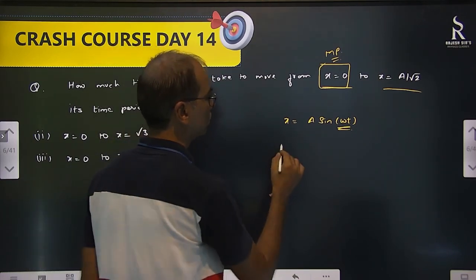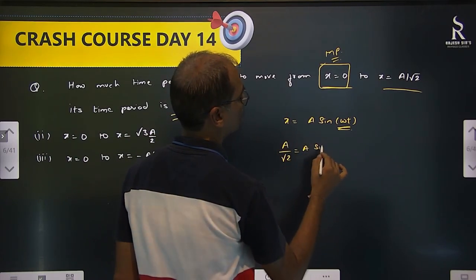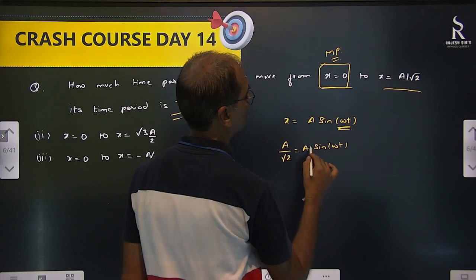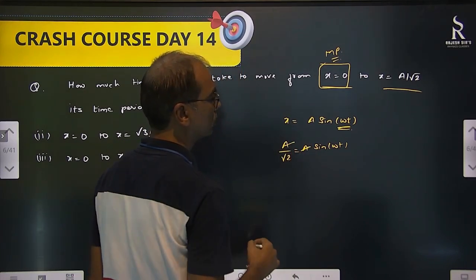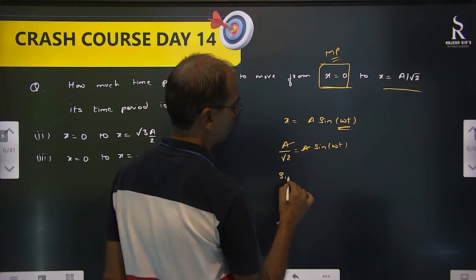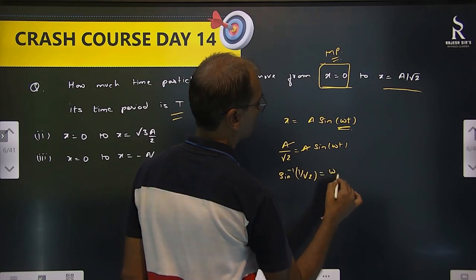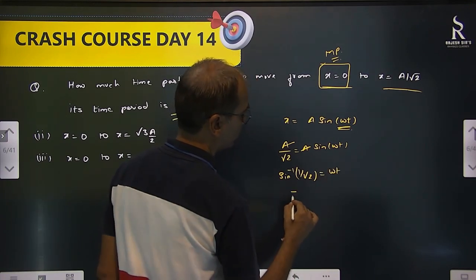A by root 2 equals A sin omega t, A is cancelled. This is 1 by root 2. 1 by root 2 means 45 degrees, right? So sin inverse 1 by root 2 equals omega t. So this is 45, and 45 means pi by 4.